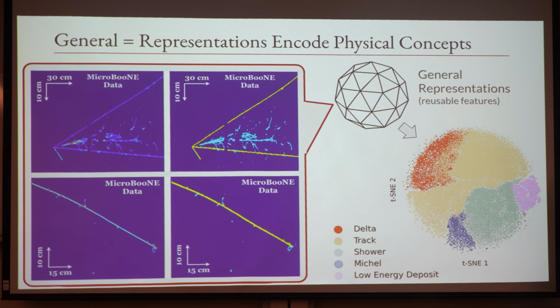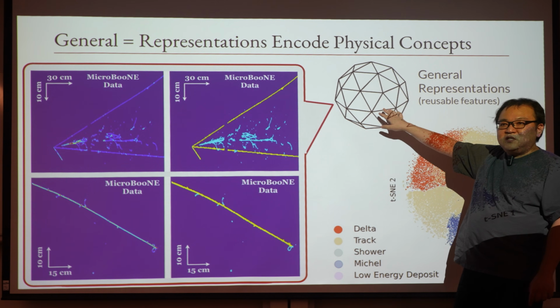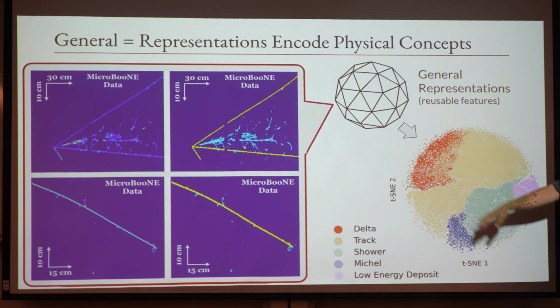So that means you don't need a neural network for separation like this. It looks like it can actually do a pretty good job separating these different types of particles already, even without fine-tuning. So what I'm trying to demonstrate here is that when this representation is really good, a well-understood concept can be separated even without a fine-tuning process.